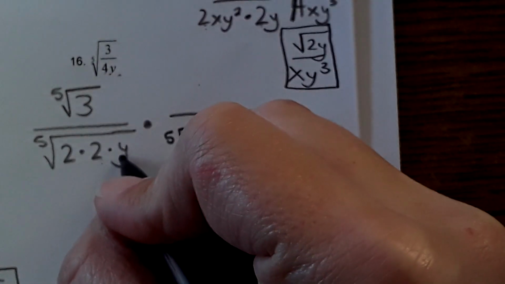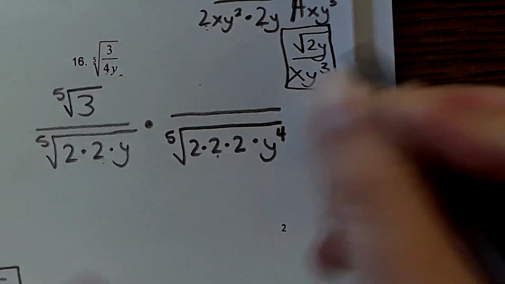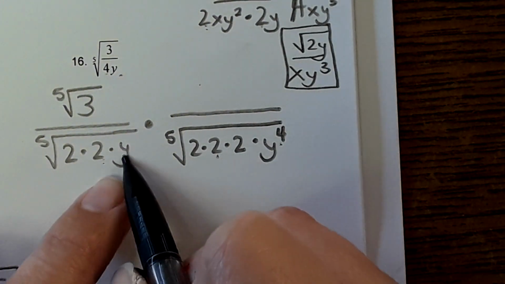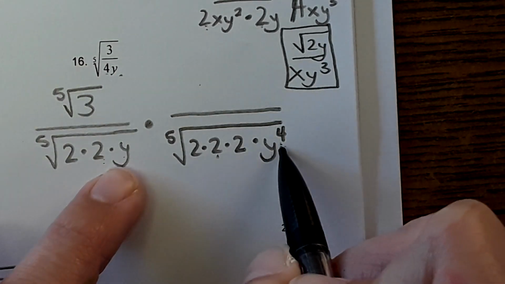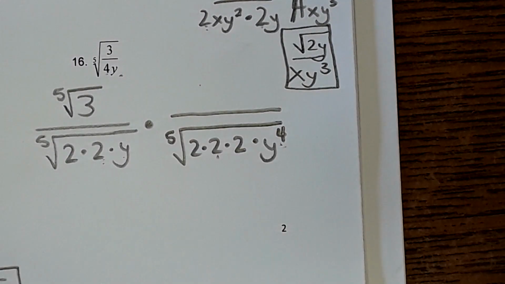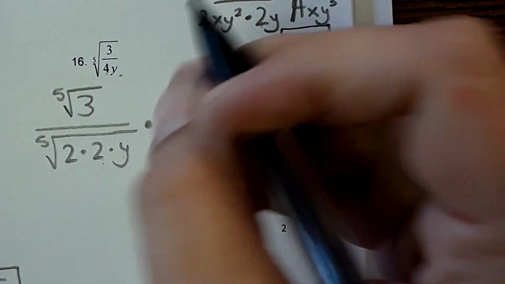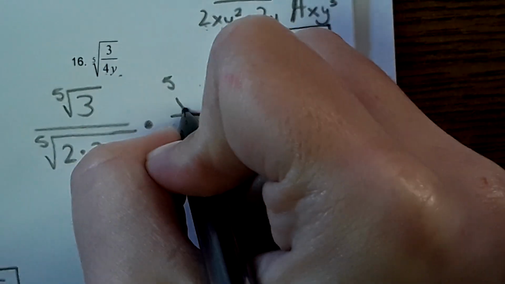And so we need also 4 more y's. So if we had y to the 5th power, we could take the 5th root and it would be y. And we're multiplying by 1, so it's just like the same thing on top.